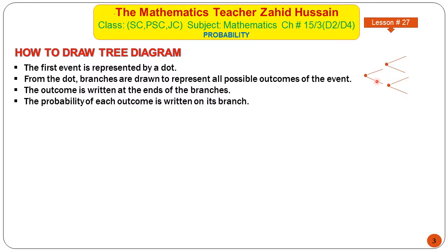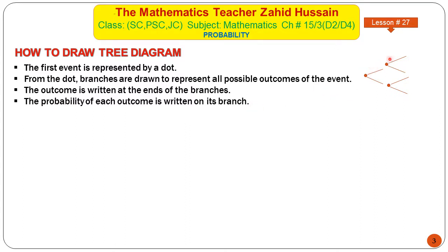And if the first toss gives you tail, then the second toss also gives you head and tail, two outcomes. So this is the outcome of the first event, and these are the outcomes of the second event. Here we will write the outcomes: head, tail, head, tail, head, tail, and at this point we will write the probability: 1 over 2 on each branch, and then we will solve the problem.